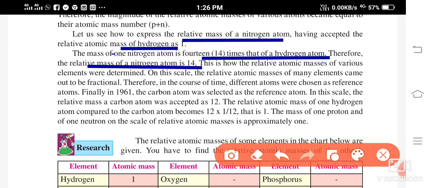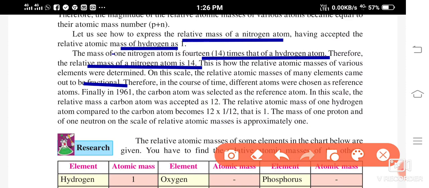Just like this, the relative masses of other elements were also determined. On this scale, the relative atomic masses of many elements came out to be fractional. So in the course of time, different atoms were chosen as reference atoms.